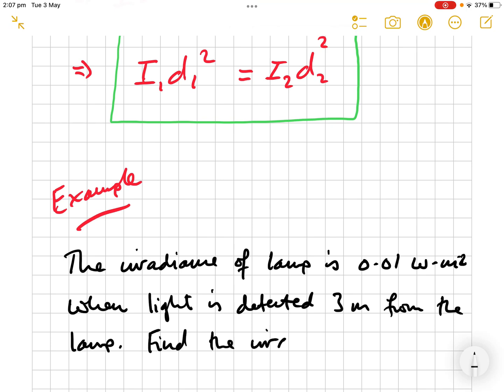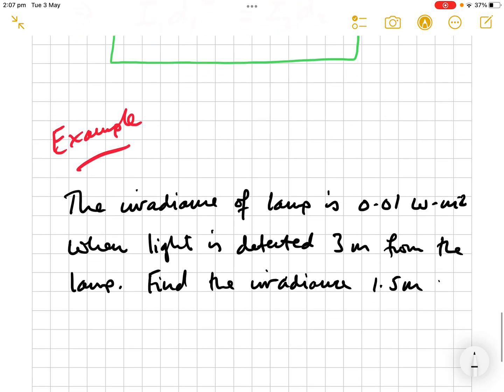Find the irradiance 1.5 meters from the lamp.